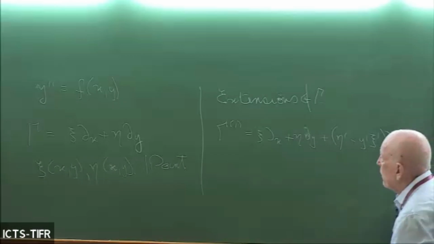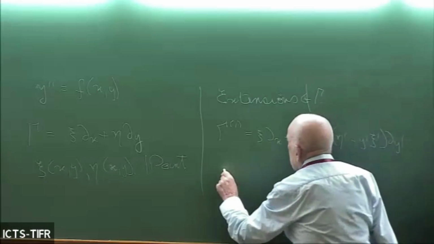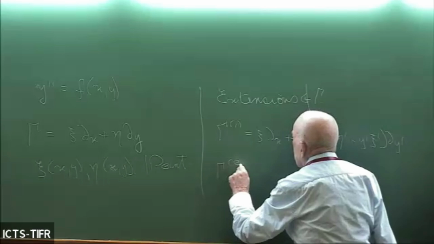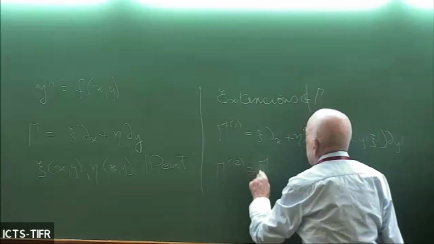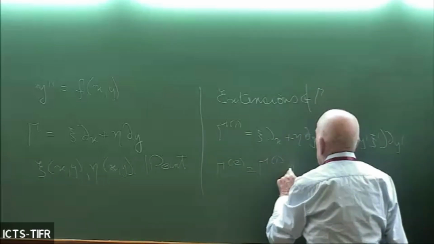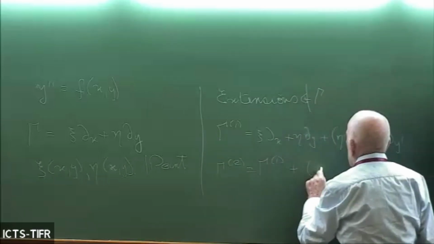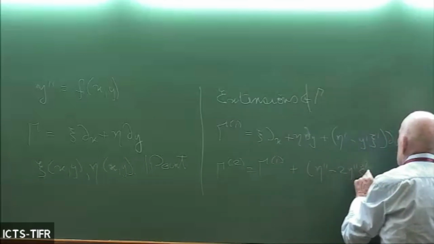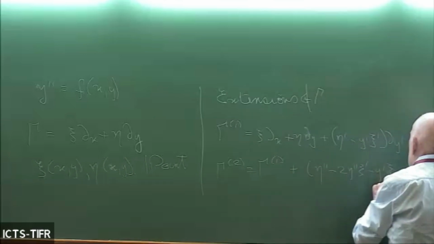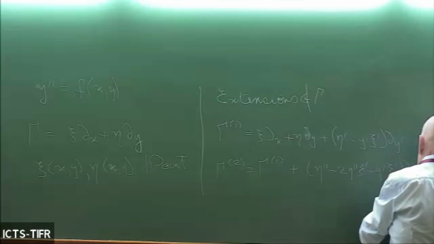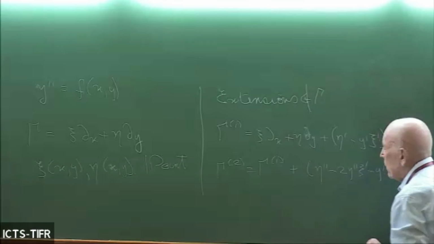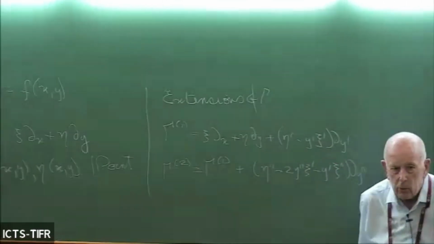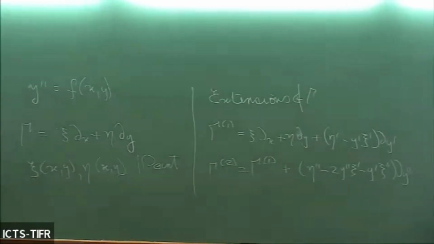Now, if you have the second extension, it's just going to be gamma 1 plus, and if you keep going to higher derivatives, obviously it's going to become more complicated. That's why I'm not going to go to higher derivatives.